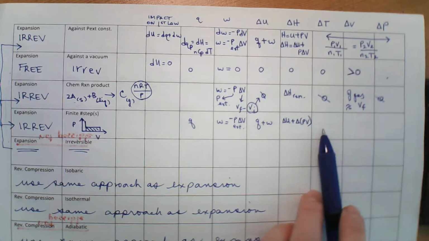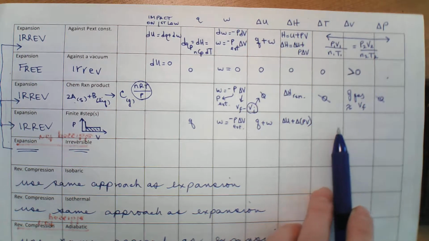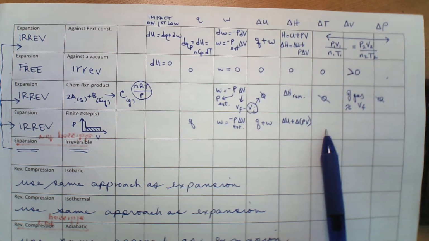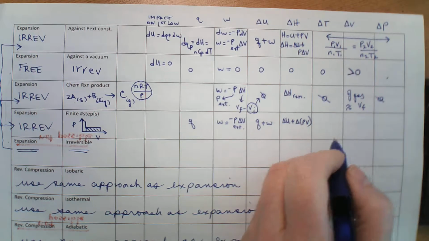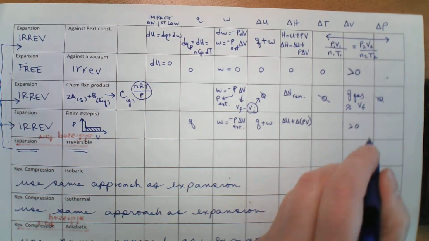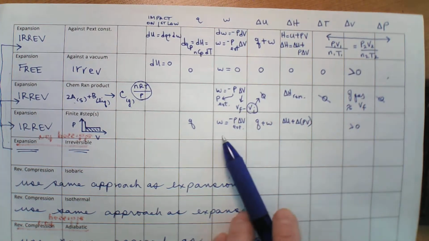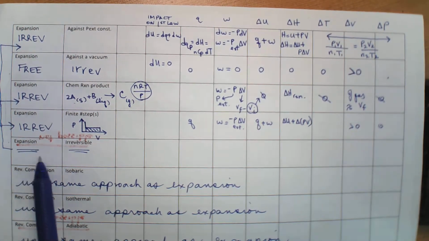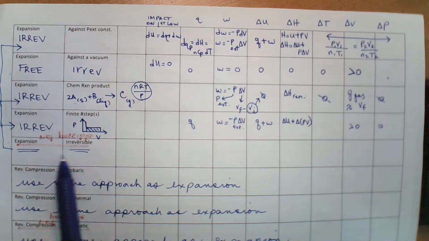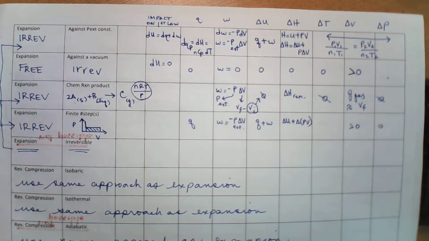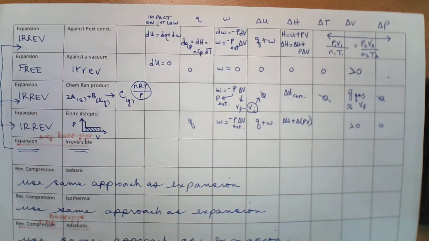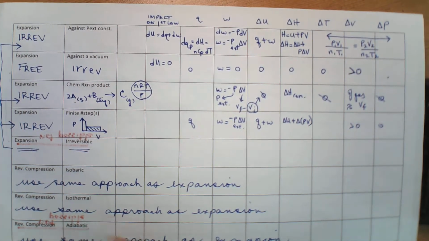And it depends if it's done isothermal or not. We usually do it isothermally. The delta V, it's an expansion, so it's going to be greater than 0. And it's against a constant pressure. And an irreversible expansion, well, we've just given you 3 examples, so it could be any one of these. Okay? So I'm going to do a different video for this one.